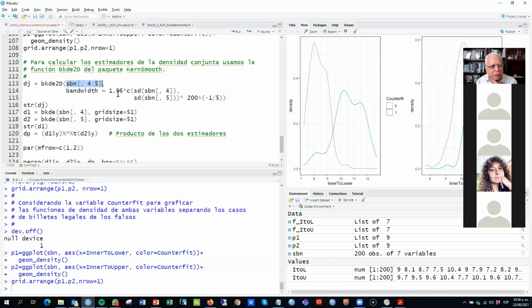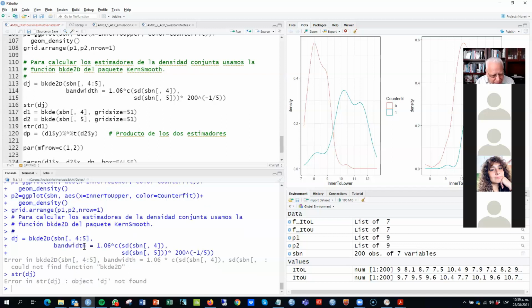I'm using a bandwidth equal to 1.06 times the first column, the inner to lower, and the second column, the inner to upper, times 200 raised to the minus 1/5. These constants are sort of empirically the right constants to use for these 200 data points. If you had 300 data points, you would use 300. But again, this is just to illustrate what this looks like.